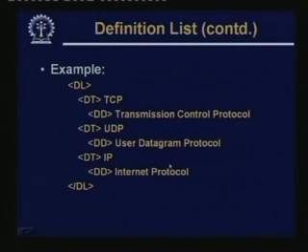So, in a definition list, the point to note is that the DT and the DD will always appear in pairs. There will be a number of DT DD pairs appearing one after the other. If there are n such DT and DD pairs, there will be n elements in the definition list.